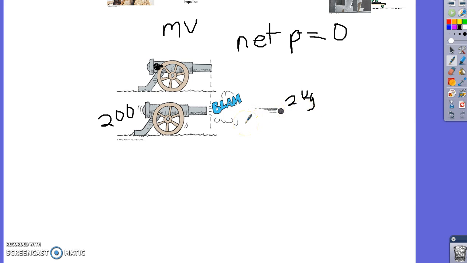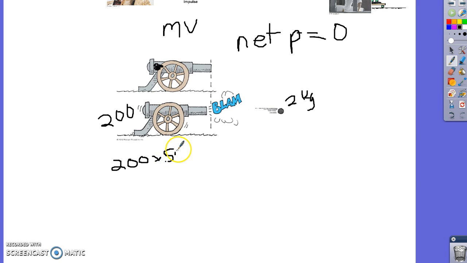Now, to find the momentum, we would have to take the mass of the cannon. So let's just say 200 times the speed of the cannon. Let's just say that it goes back at 5 meters per second. That's really fast, actually.